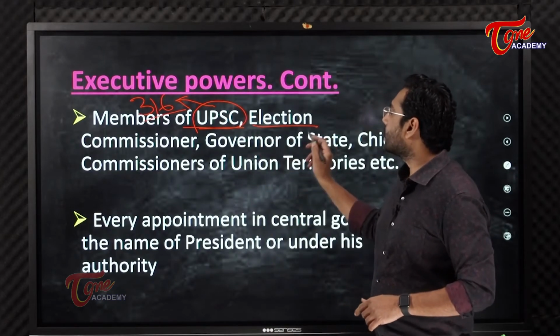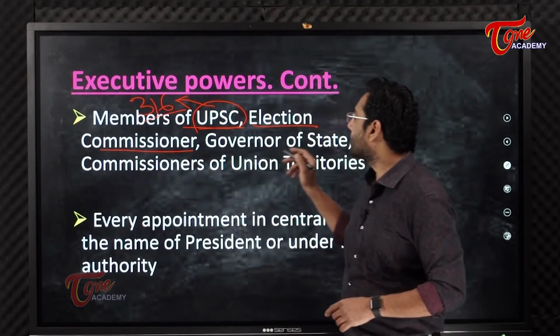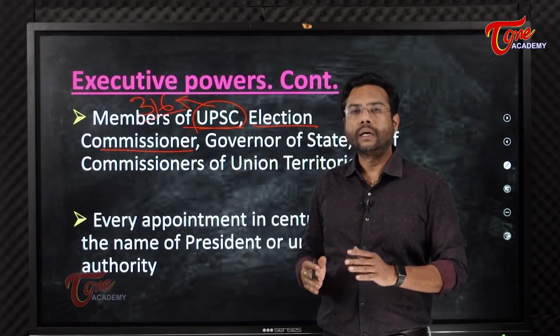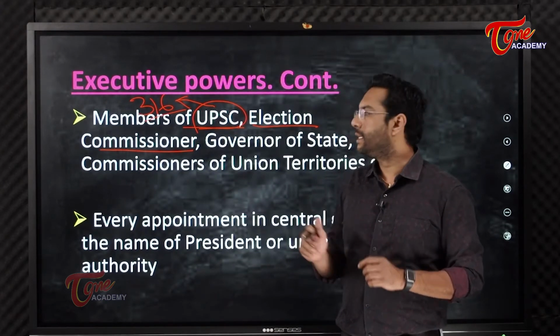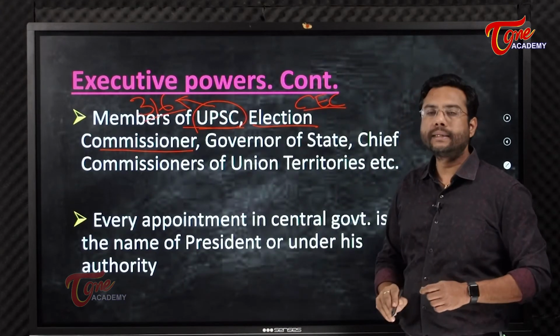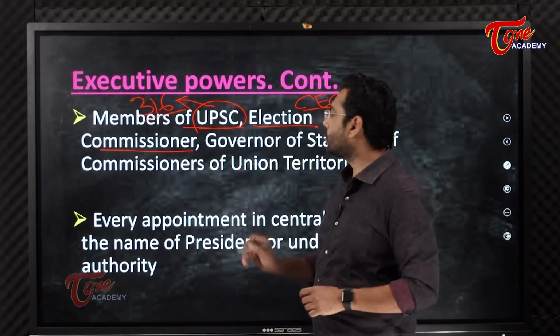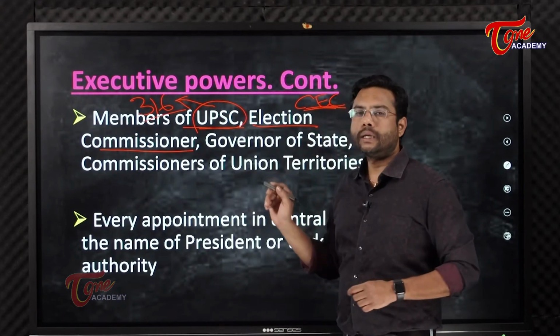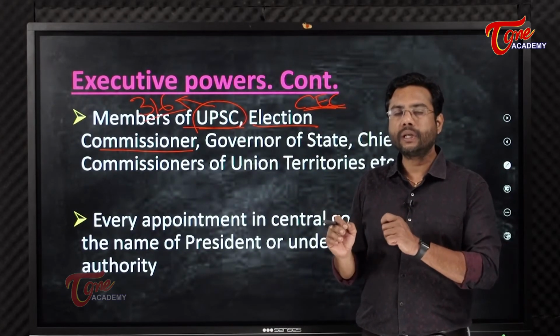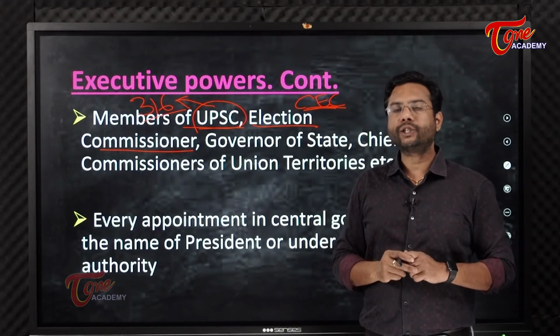We have the Election Commission, that is, the Election Commissioners. We have a multi-member body at present, the CEC and other election commissioners. It is a 3-member body, with one Chief Election Commissioner and 2 election commissioners.